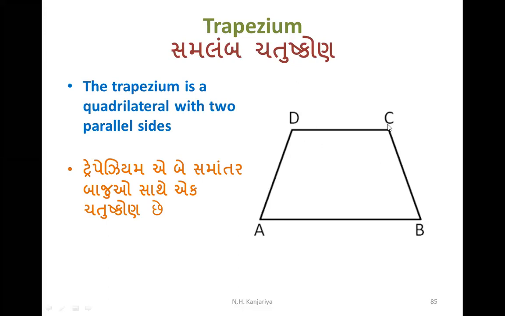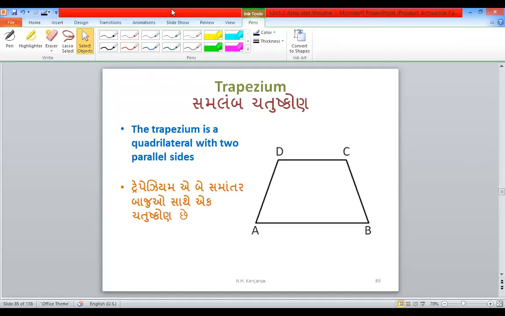AB is parallel to CD, and when two sides are parallel, it is always denoted by a symbol. This is AB, parallel to CD. You can write DC as CD because both are equal. This is the symbol of a parallel line.